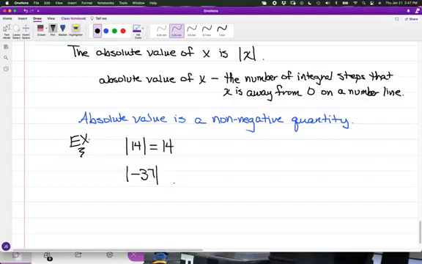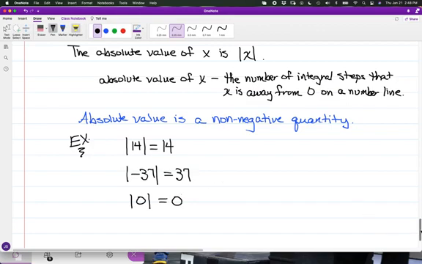Absolute value of negative 37 is going to be 37. So you're still saying negative 37 is 37 steps away from 0, but on the other side. And in the case of absolute value of 0, you're not moving away from 0, increasing or decreasing. So absolute value of 0 is 0.